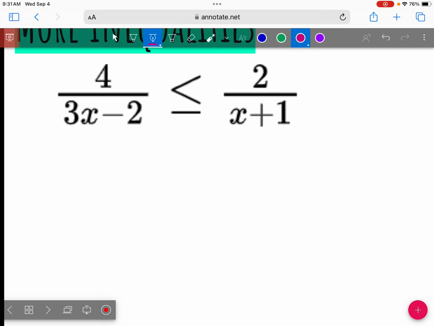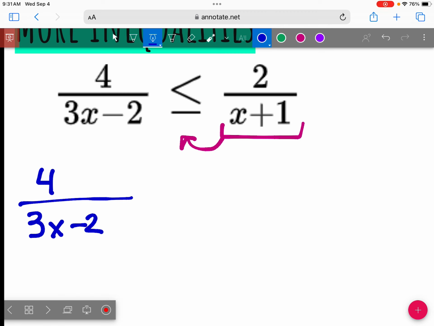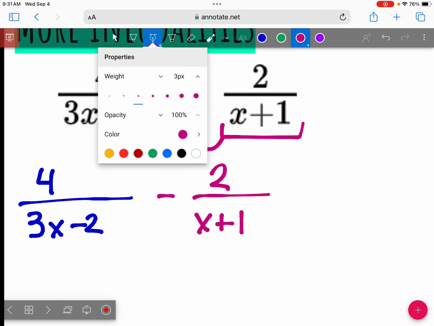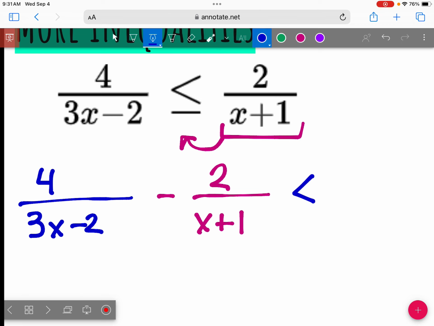It doesn't really matter which one you move, but just so that we do the same thing, I'm going to subtract this one over. So we have 4 over 3x minus 2 minus 2 over x plus 1 is less than or equal to 0.